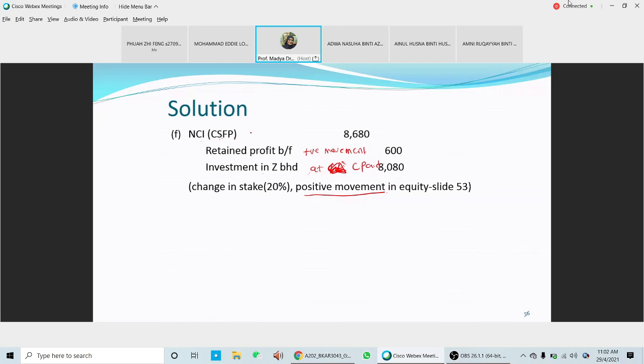Okay, and then the last journal entry that we have here is to record the share of profit. Share of profit inside here, NCI has 35%. 35% times 5,600. Where do you get this 35% here? Refer to slide 51.